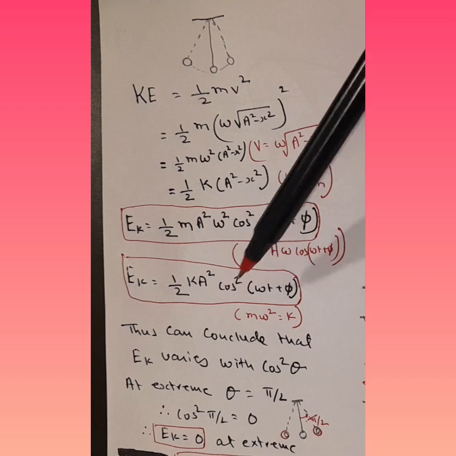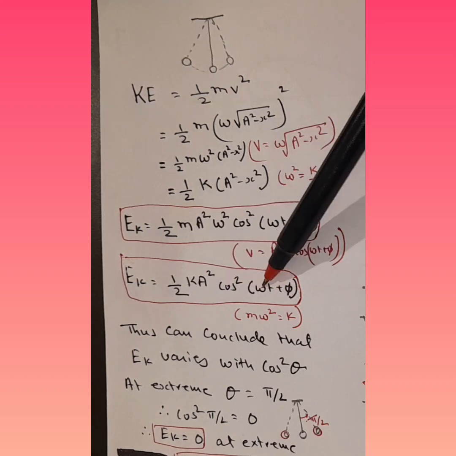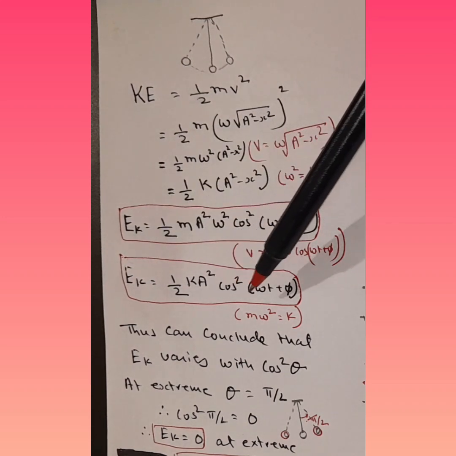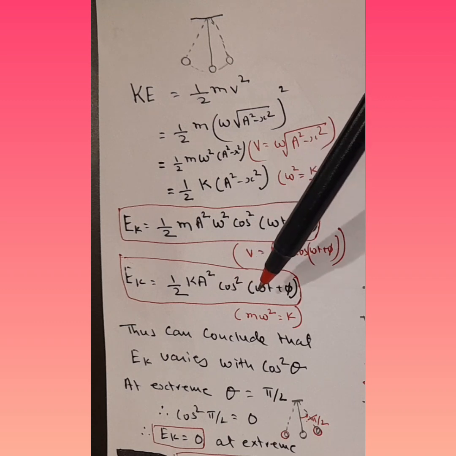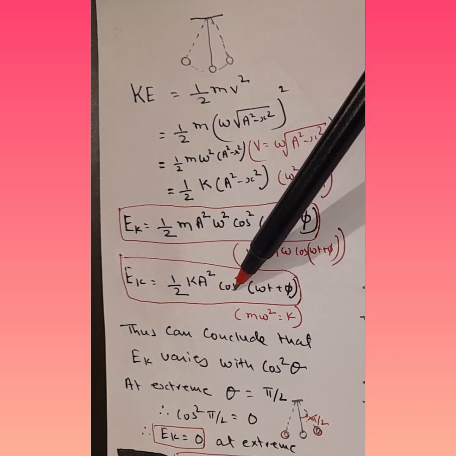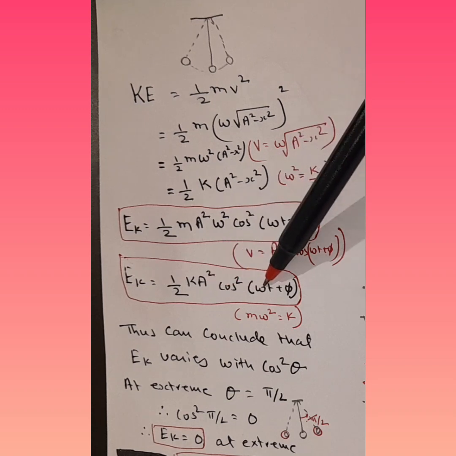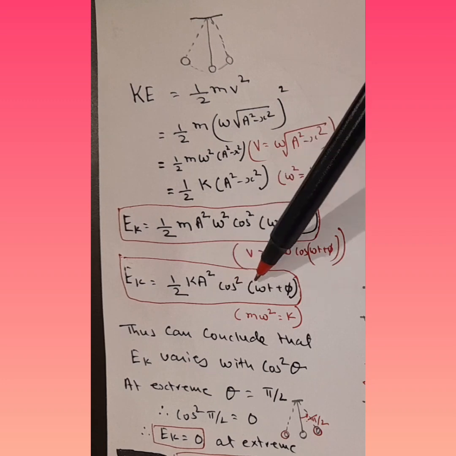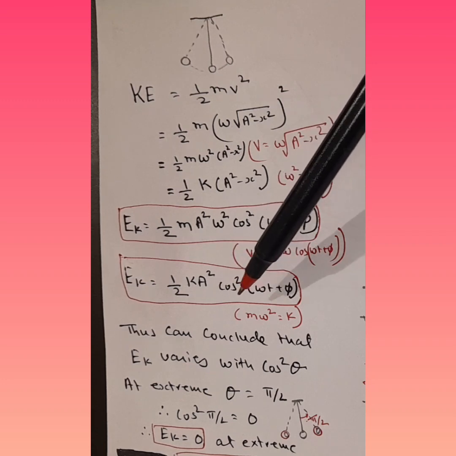Now see, if we assume this to be theta, it is cos square theta. So kinetic energy is directly proportional to cos square theta. Like if it is cos 0, then the value is maximum, that is 1. And if it is cos 90, then the value is minimum, that is 0.